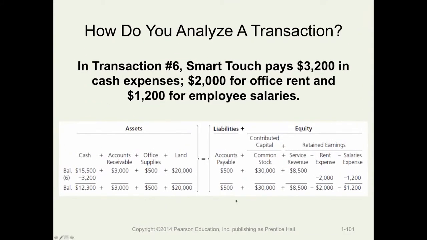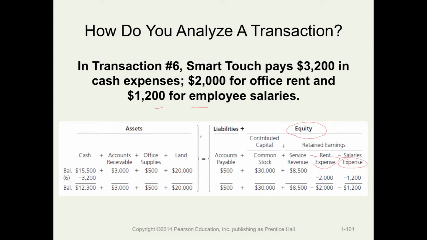Our next transaction is transaction 6. In this case, the company has to pay some expenses. It pays in total $3,200 in cash: $2,000 for office supplies and $1,200 to pay employee salaries. Notice that expenses will reduce your equity.